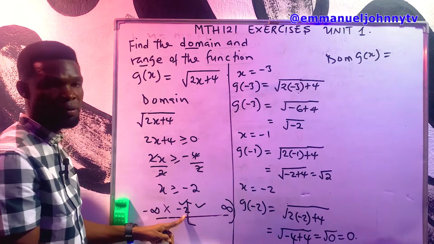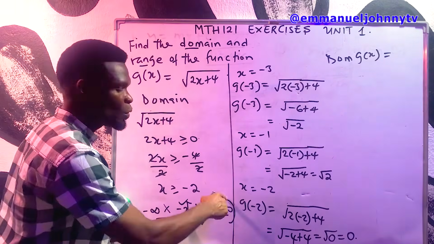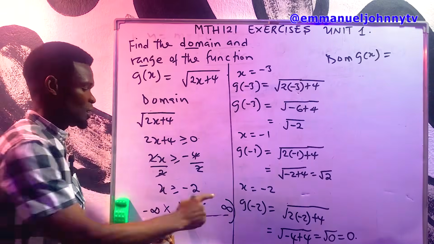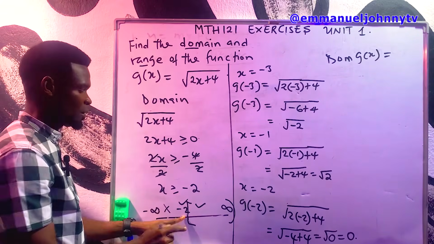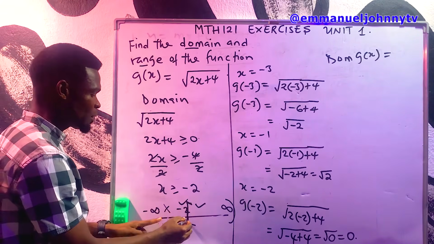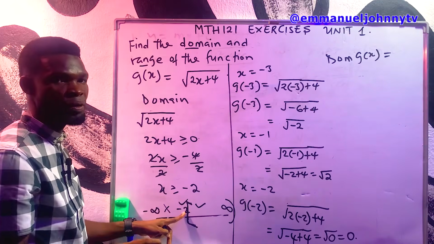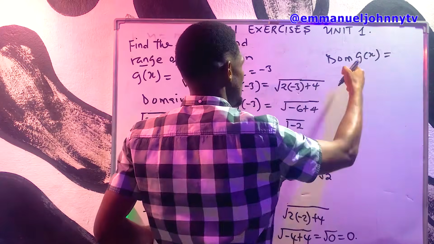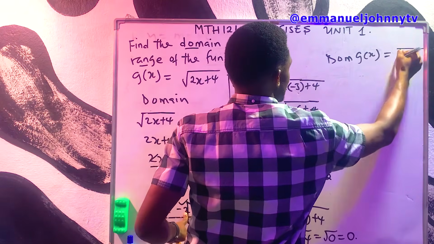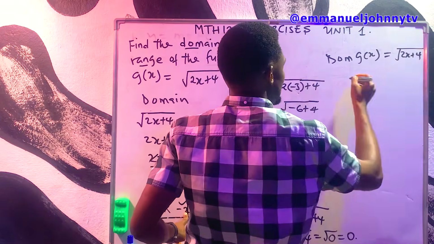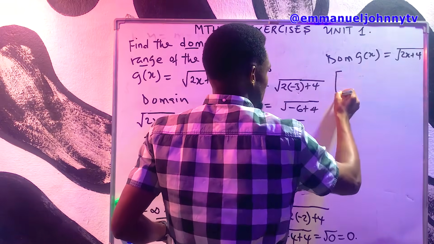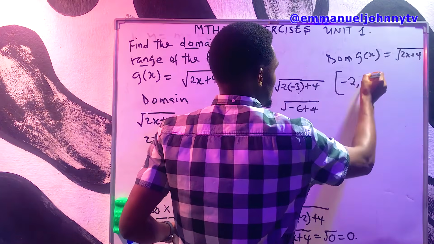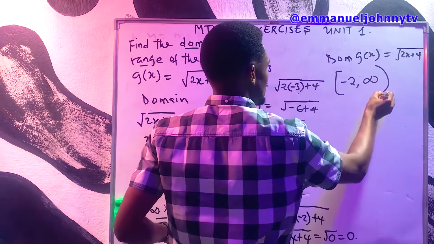You close it, you open it like this. Of course, you cannot close infinity because it keeps going. So we use an open bracket. But the square bracket here means that minus 2 is inclusive in the solution set. So the domain of this function, root 2x plus 4, is from minus 2 to positive infinity.